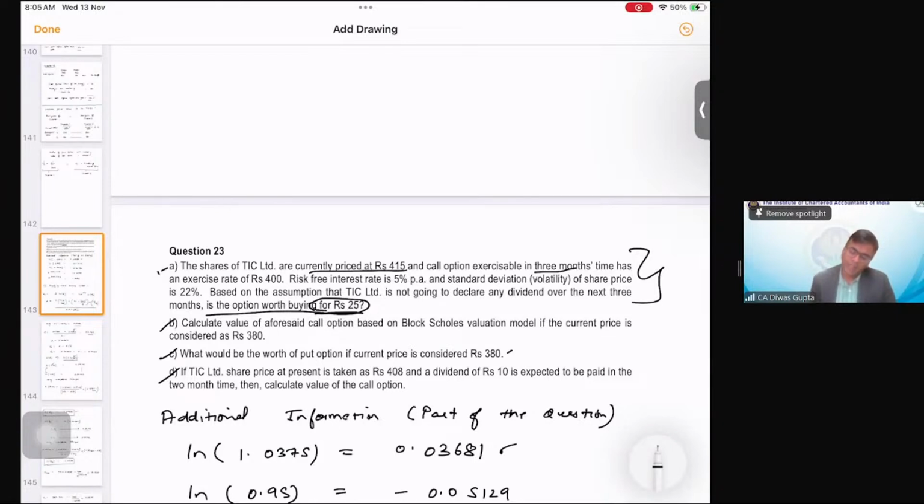Then the B part is saying to calculate the value of the aforesaid call option if the current price is considered as 380. So I'm just trying to read it again. They are asking us to calculate on the basis of 380. Okay, sir. And then on that basis, the put option price at 380 will be. Correct.